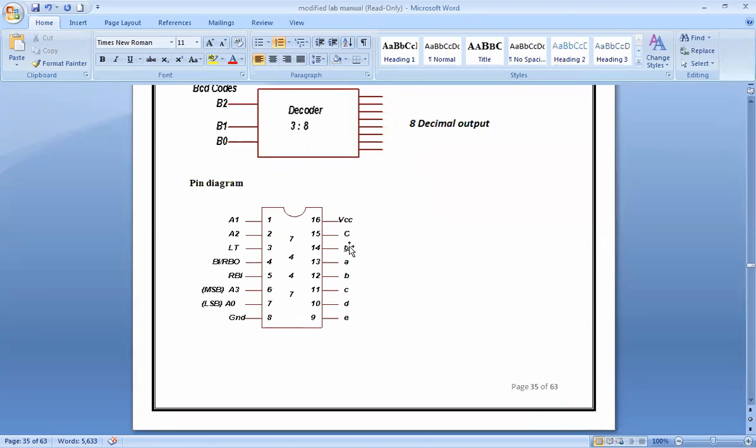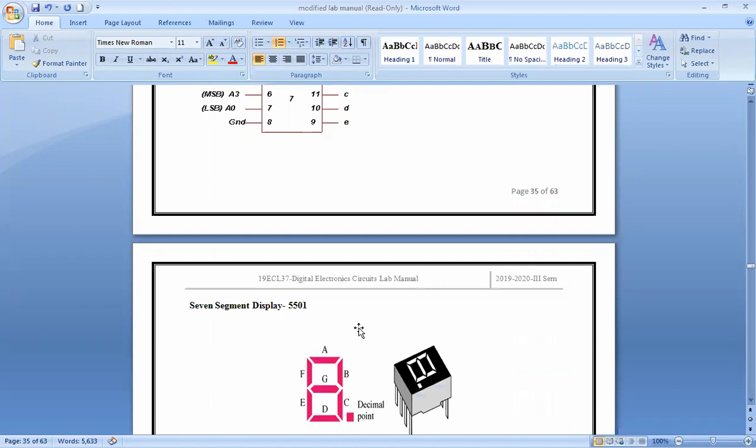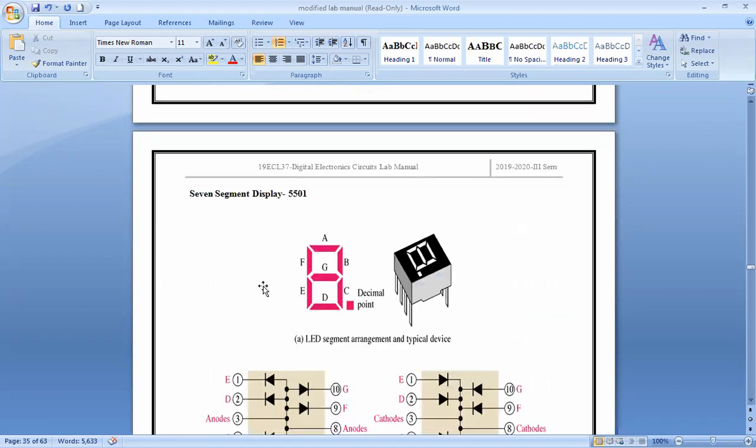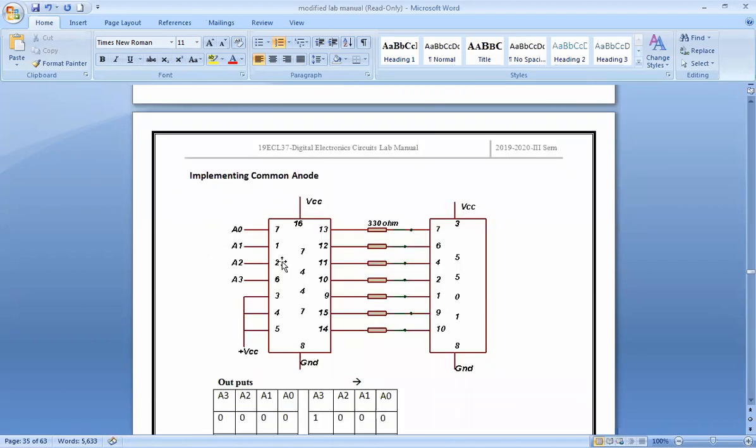Now here you can see this A, B, C, D, E, right? This will be used as F and G. So this will be connected to your 7-segment display, right? And for that, we actually use your 5501. So this is your IC, which actually implements your 7-segment display.